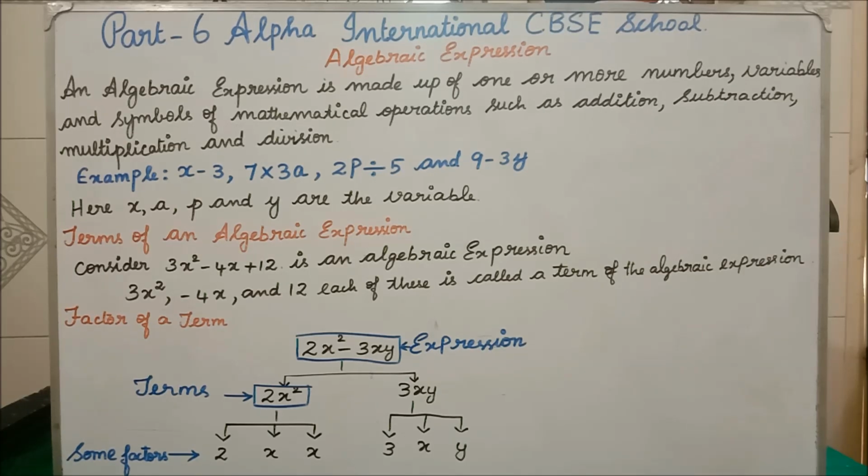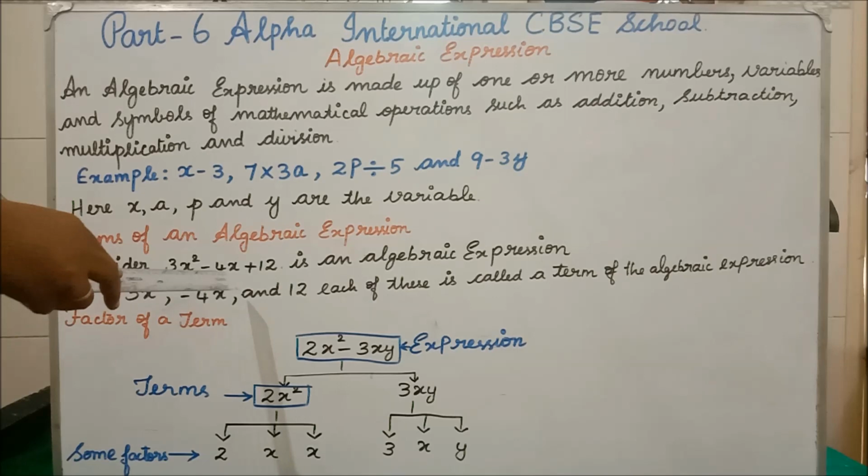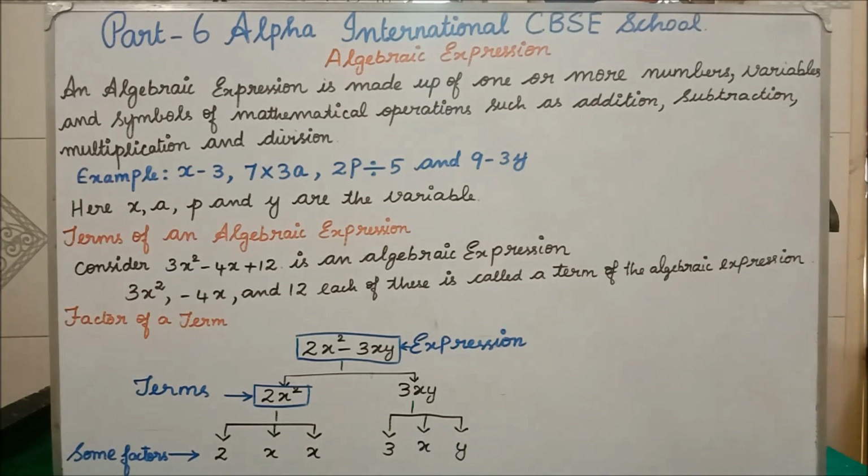Next we will see about terms of an algebraic expression. Consider this: 3x square minus 4x plus 12 is an algebraic expression. In this, how many terms do we have?